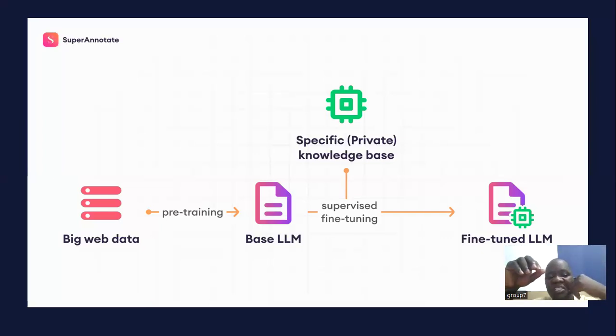For example, a legal LLM fine-tuned on court case data can provide better legal advice than a general model, because it is up to date and has been fine-tuned. You get it? So that is all about this diagram.